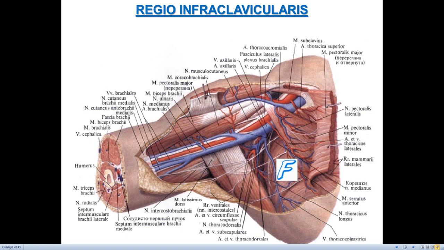Here rest the supraclavicular nerves from the cervical plexus, but the main part is supplied by the intercostal nerves.